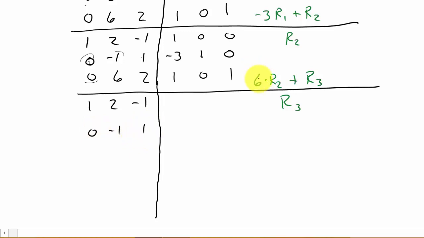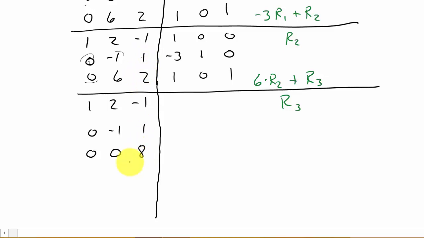All right, so here we go. 6 times 0 is 0. 0 plus 0 is 0. 6 times -1 is -6. -6 plus 6 is 0. And then 6 times 1 is 6. 6 plus 2 is 8.